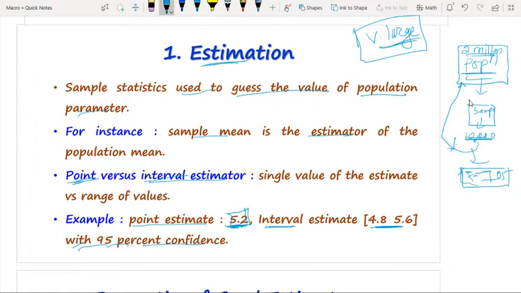So a point estimate is a single value of the statistic used to estimate the population parameter, whereas an interval estimate is a range of values used to estimate the population parameter, and it is associated with a certain level of confidence.